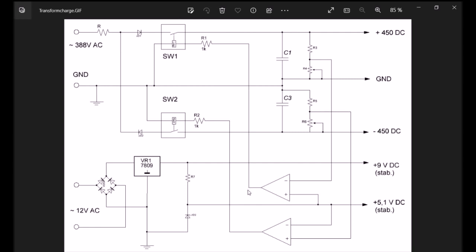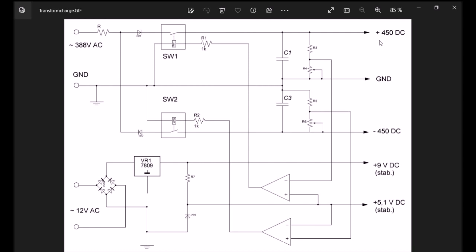The only difference is that the amplifiers are connected in a different way. One is inverting and the other is non-inverting. Very simple circuit. It can also be made with comparators, but I used amplifiers.